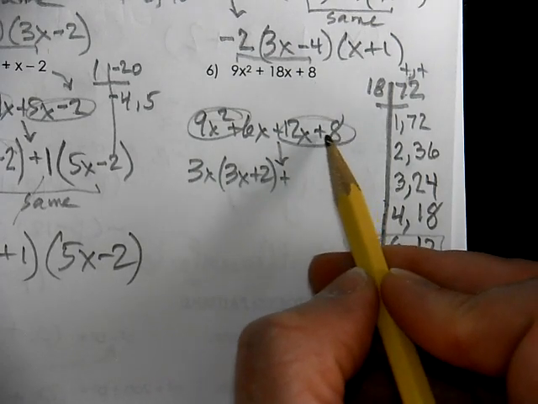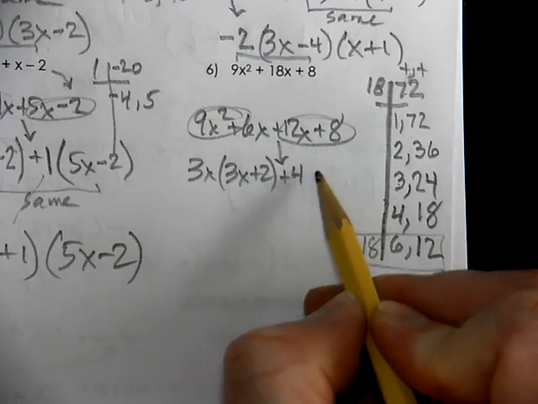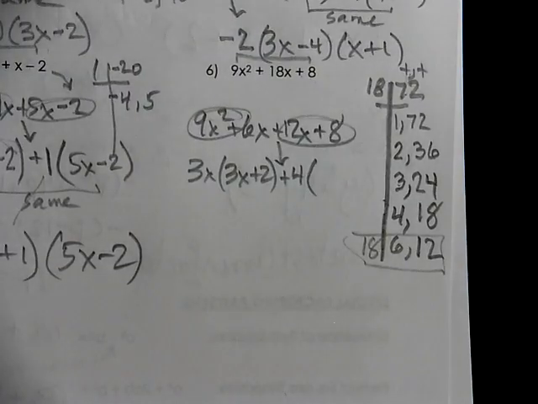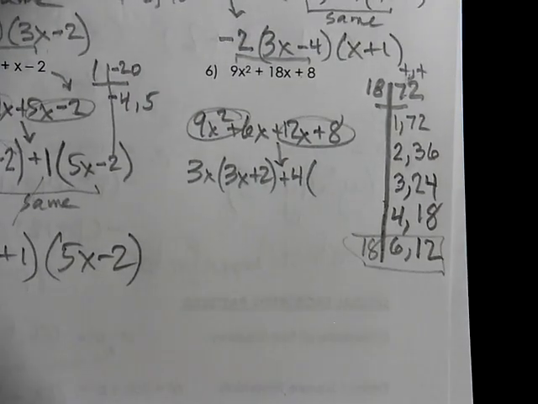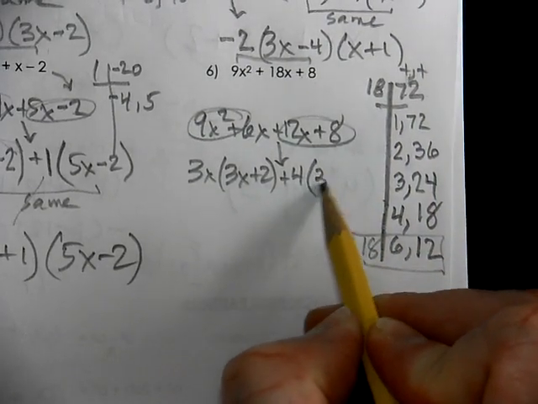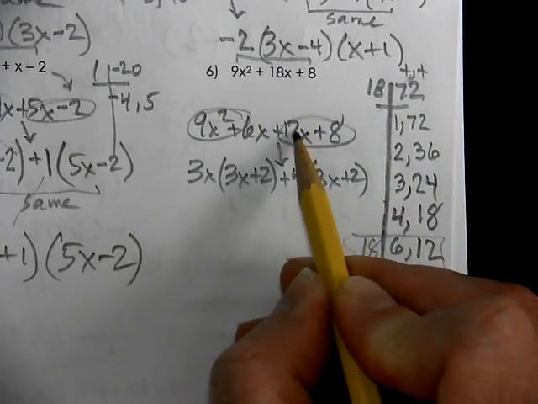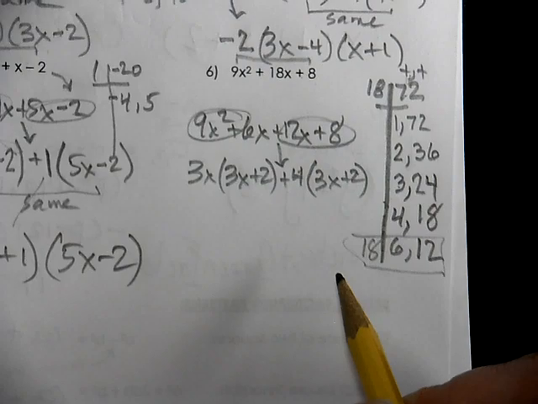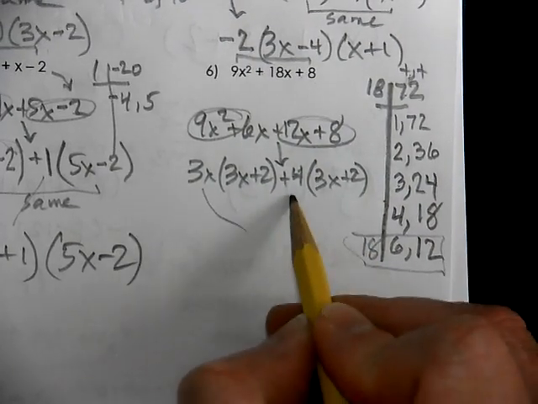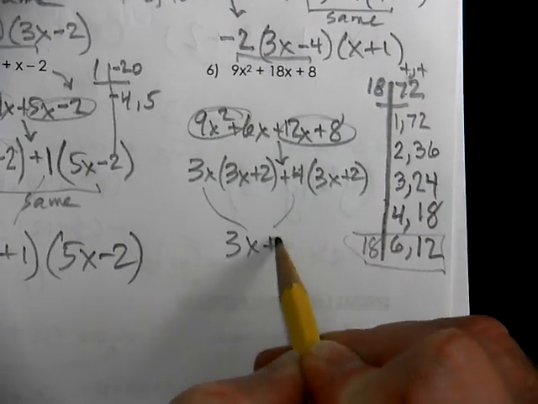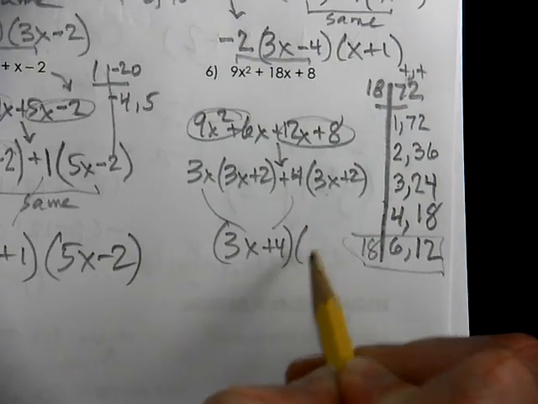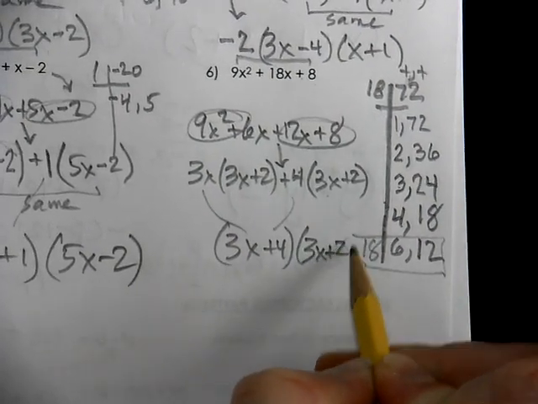What can I factor out? It's going to be a 4. It'll never be a variable. It's always just a number. So just 4. That gives me 3x plus 2, because 4 times 3 makes 12. 4 times 2 makes 8. So I'm all done factoring. 3x plus 4. 3x plus 2.